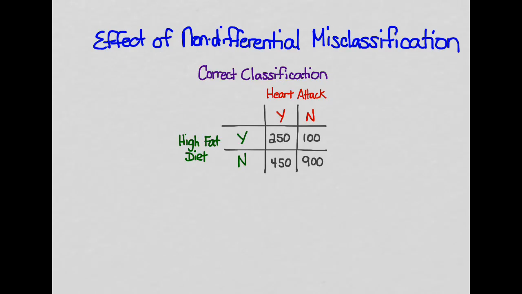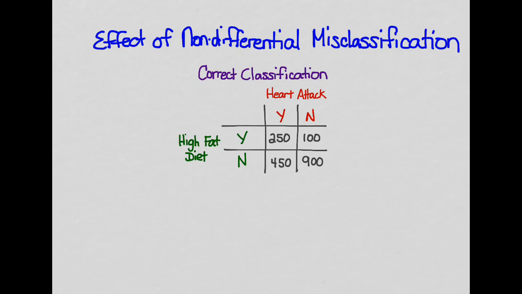Here's an example I'm going to use to show you how this works. This is a study looking at the effect of high-fat diet, which is the exposure, on development of heart attack. It's a cohort study, and they were looking to see how many people in each of the exposure groups got a heart attack, and calculate the relative risk of heart attack for high-fat diet versus low-fat diet.